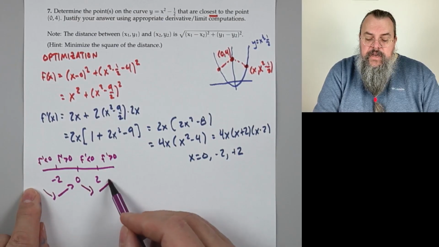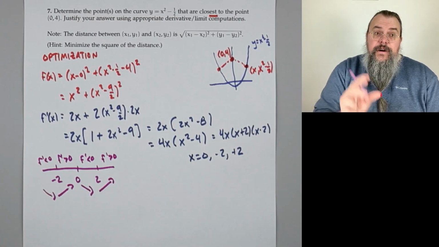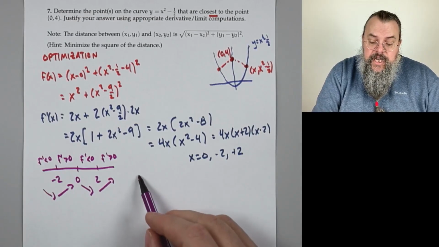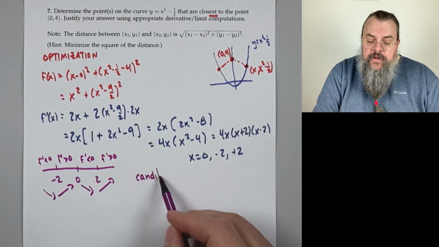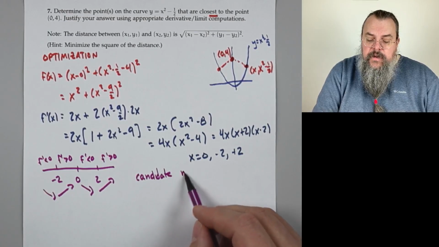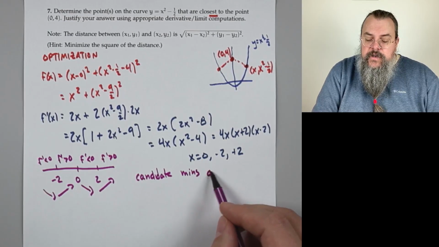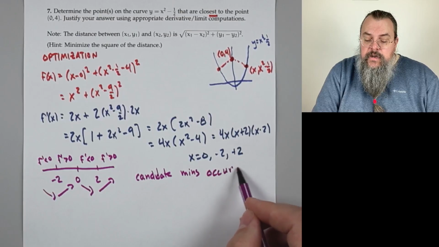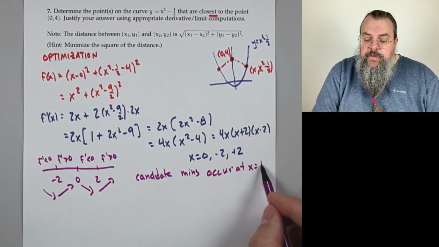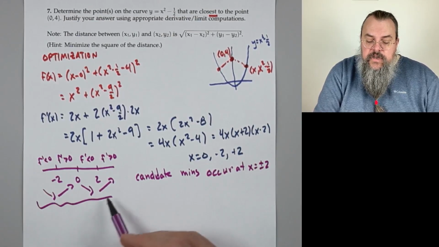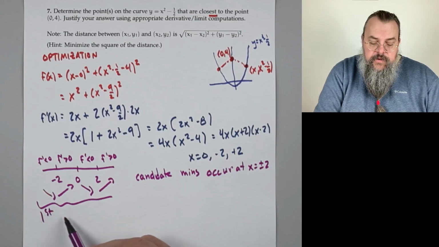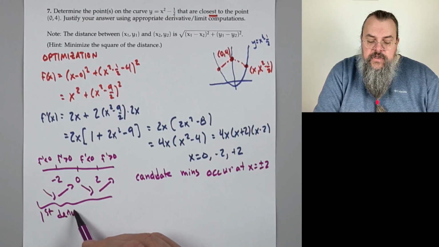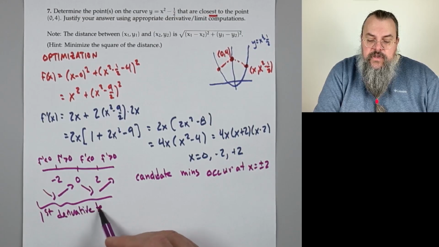So our candidate minimums are going to occur at x equals plus minus 2. And we're just going to say we did the first derivative test, just so if they ever ask, did you do a test?